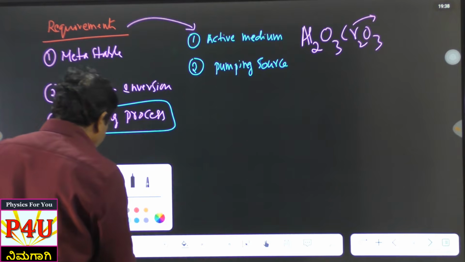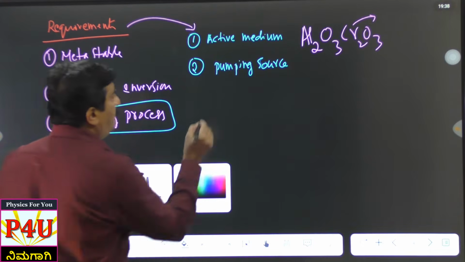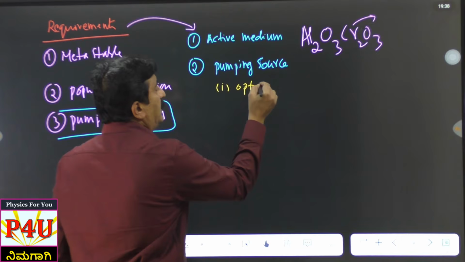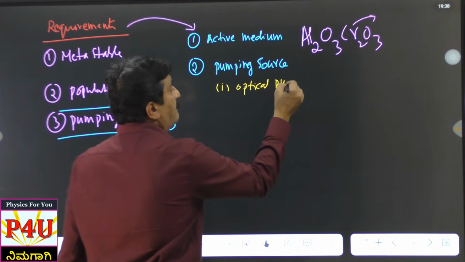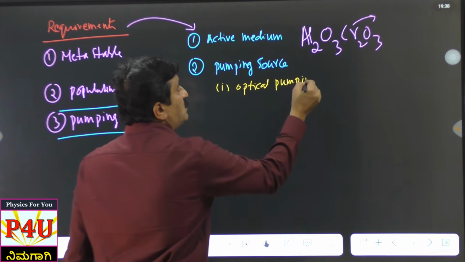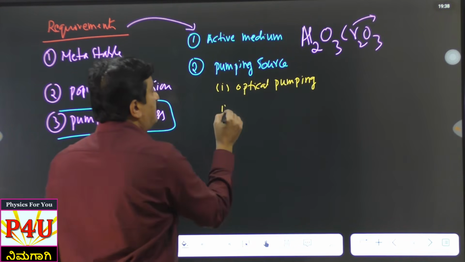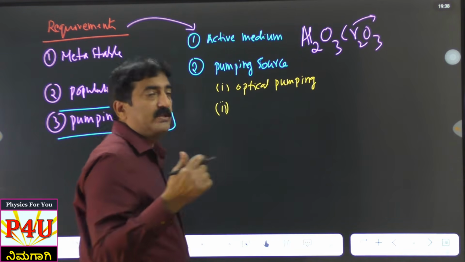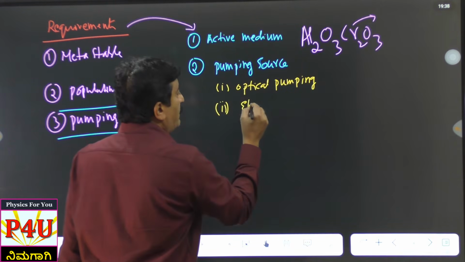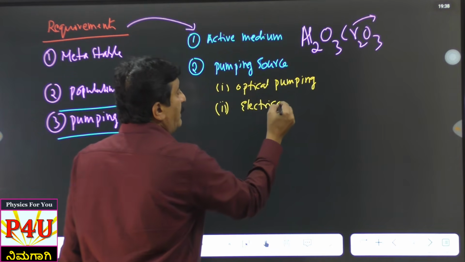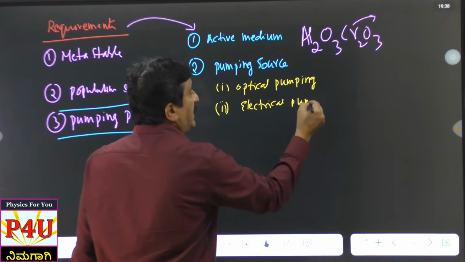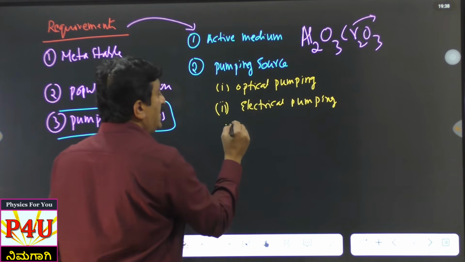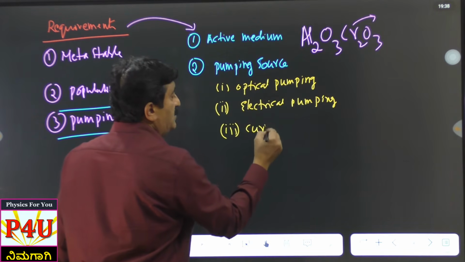If the pumping is done by means of optical energy, then it is called optical pumping. So based on the source you are using, we name them. Sometimes we use high voltage, high electric current, so that is called electrical pumping. Sometimes we pass a high current also, that is called current injection.